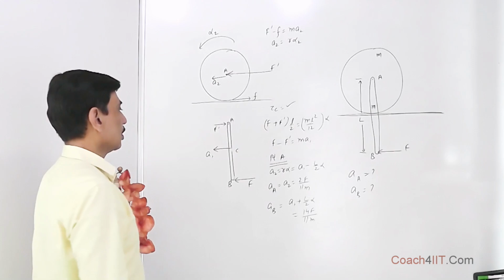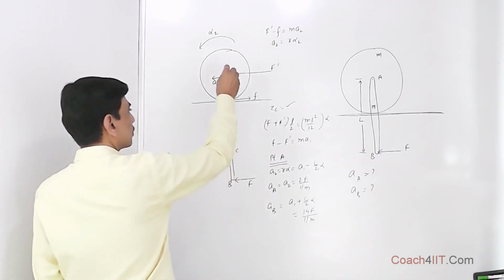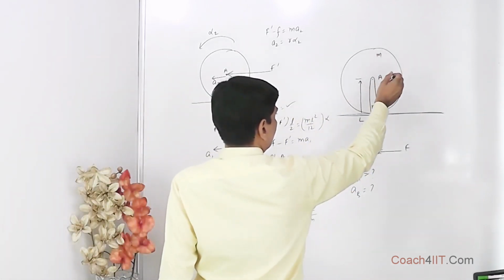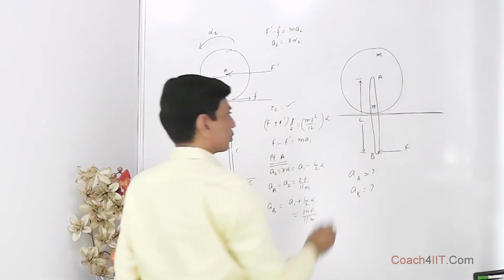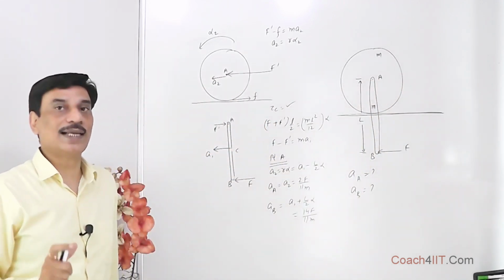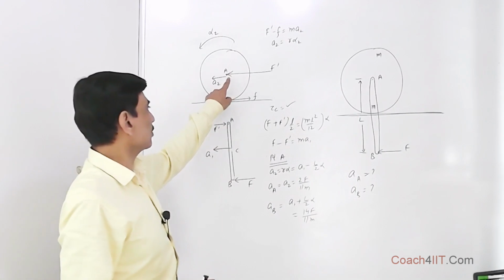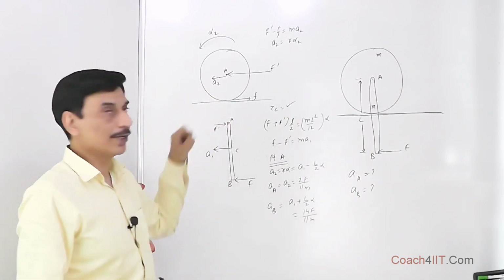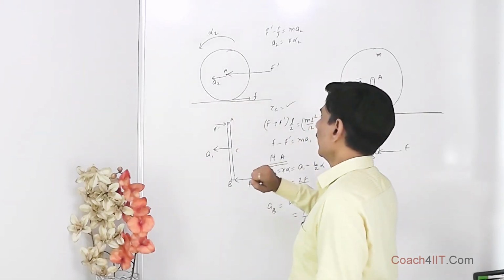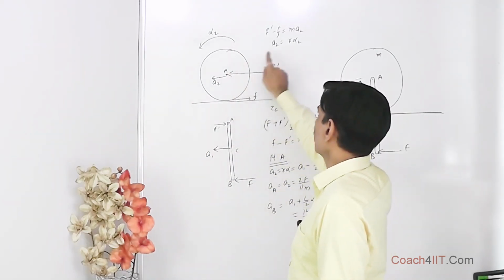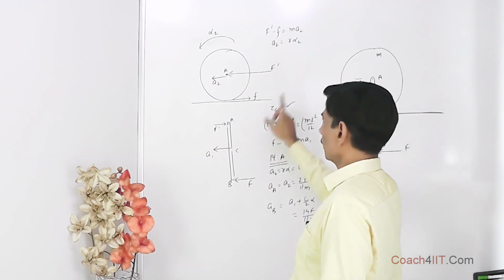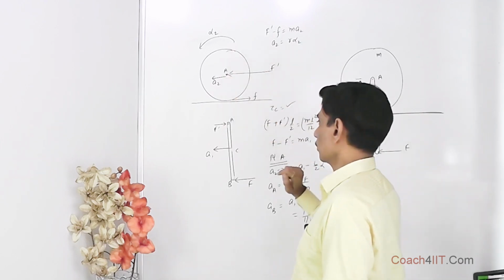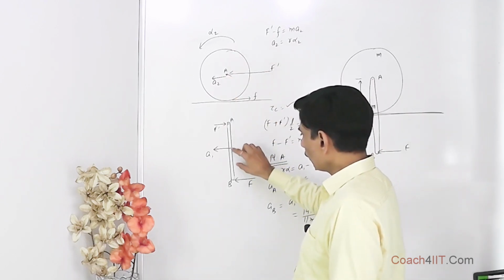Now we also know that this point A is common to the cylinder and to the rod. So it is going to have one single acceleration only. Whatever the acceleration A2, the same will be the acceleration of this point A also. Over here we have A2 is equal to R alpha 2. But what about from the rod?